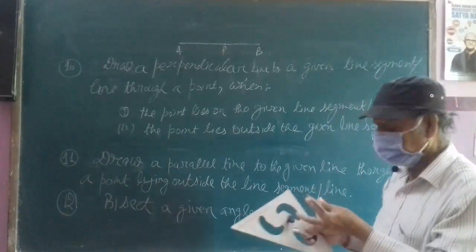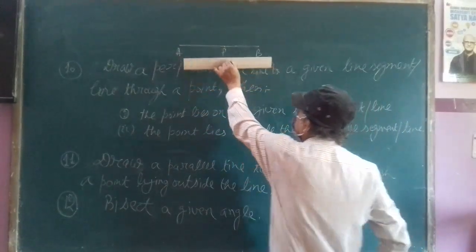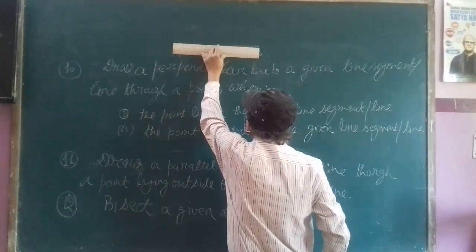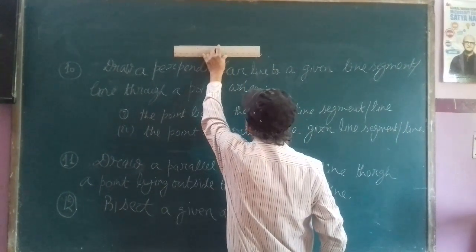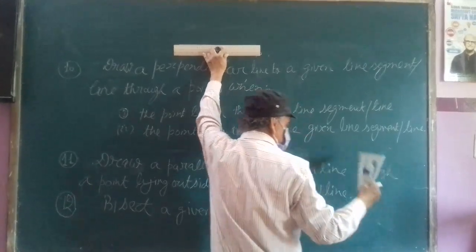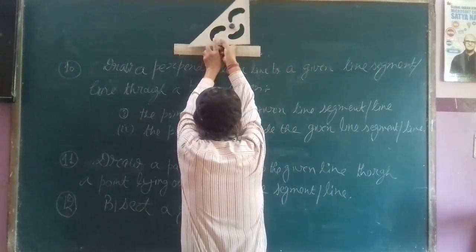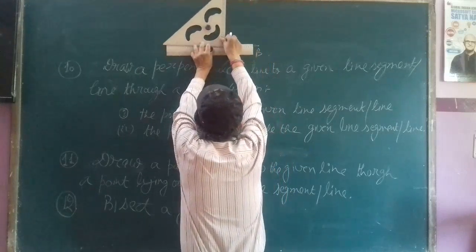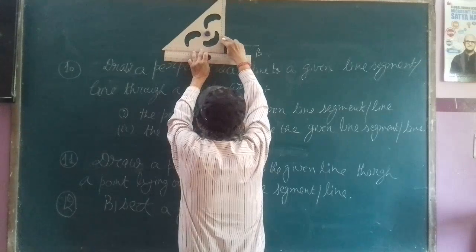Just take your scale and align it along AB. Look here, there should be no gap and it should not overlap AB. Then you have your set square, and here is point P. Just come to point P. This is your point P.